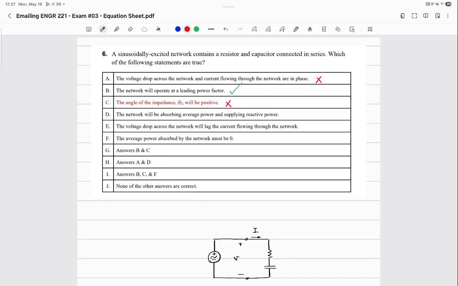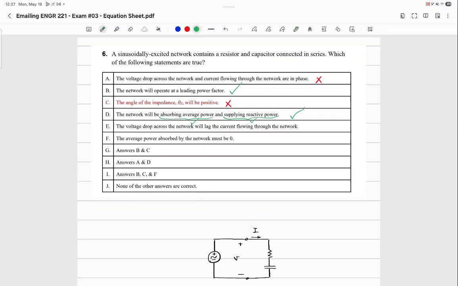And next, the network will be absorbing average power. Is this part correct? Yes. Why? There's a resistor. A resistor always absorbs average power. And supplying reactive power. Yeah, because there's a capacitor.